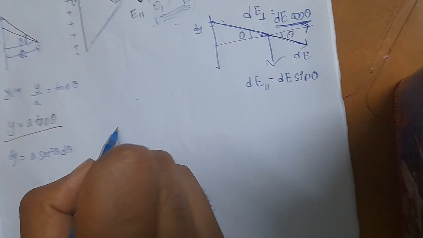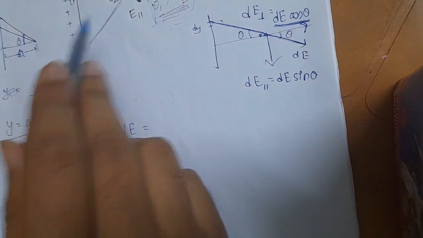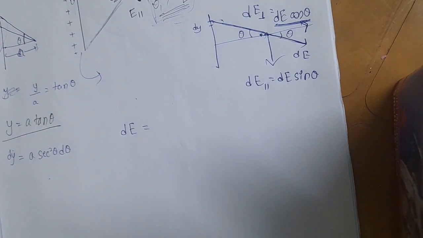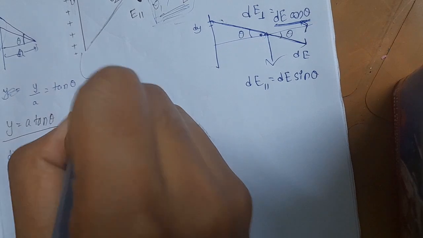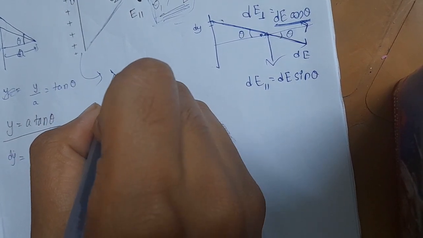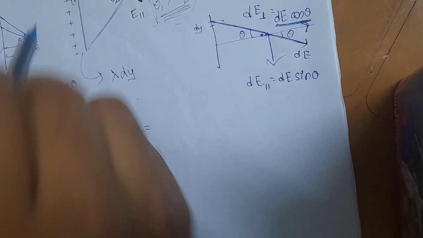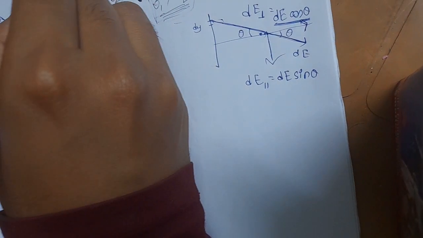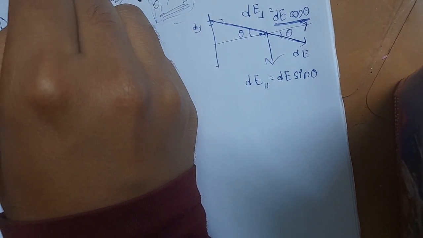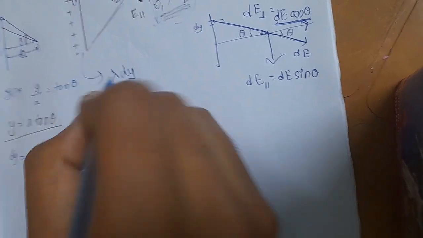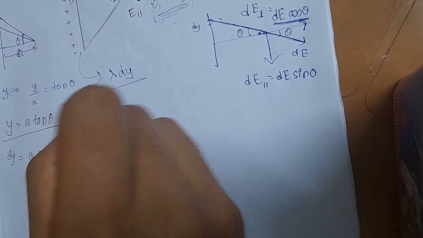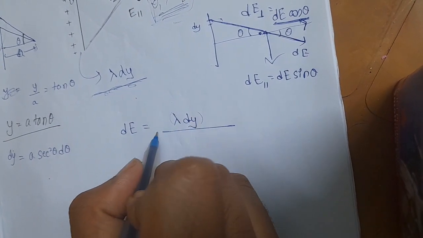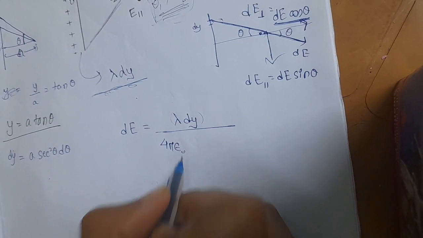So let me write the expression for dE first. dE is equal to, okay, the linear charge density of this wire is lambda, so the charge of the line element dy is lambda dy, and the electric field will be lambda dy, which is the expression for charge, divided by 4 pi epsilon naught.